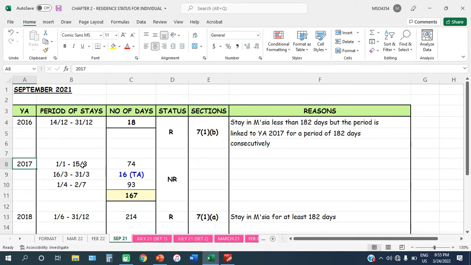Alright. Okay, if you look at the date here, exactly on 1st January. So in this case, guys, it's different compared to 2016 because 16, our date here did not start 1st December but 14. That's why you calculate 31 minus 14 plus 1. But our 2017 start exactly on 1st Jan.